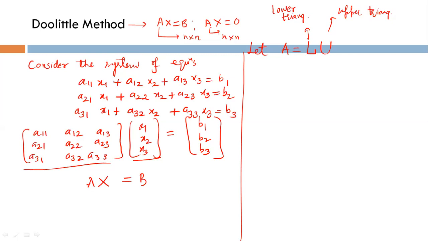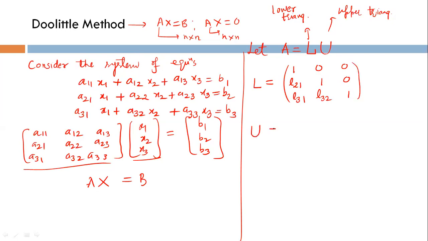For the Doolittle method, we suppose the matrix L is equal to 1, 0, 0, L21, 1, 0, L31, L32 and 1.